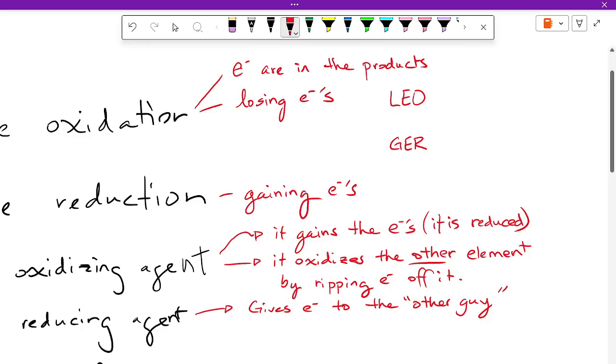And in giving the electrons to the other species, that would be a better word. Why don't I change that to species? This reduces the other species.